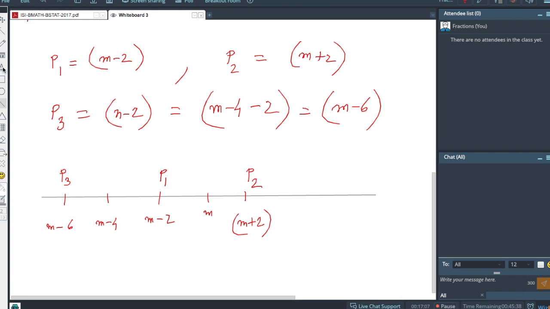And now let's look at the gaps. Between p3 and p1 it's a gap of 4, and between p1 and p2 they also have a gap of 4, and obviously p3 and p2 have a gap of 8.